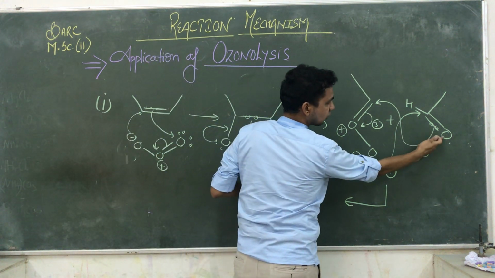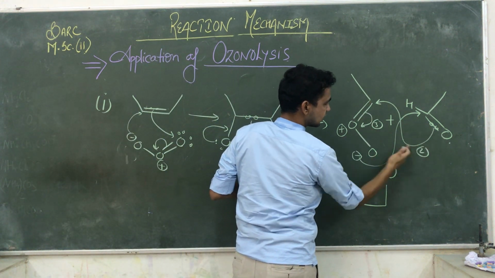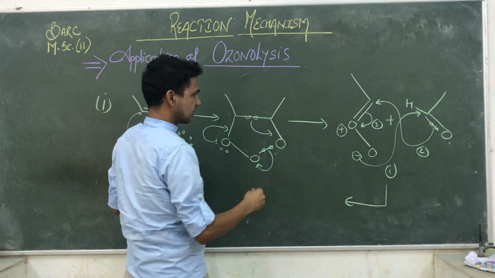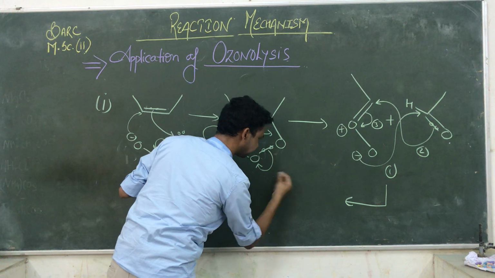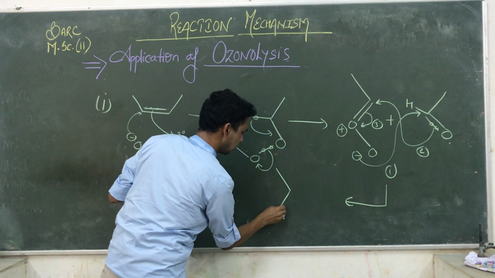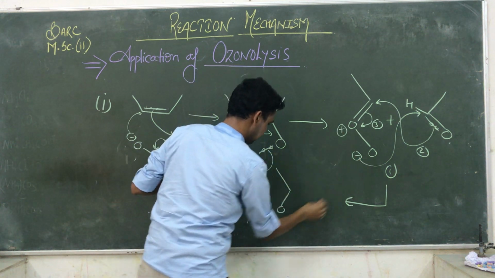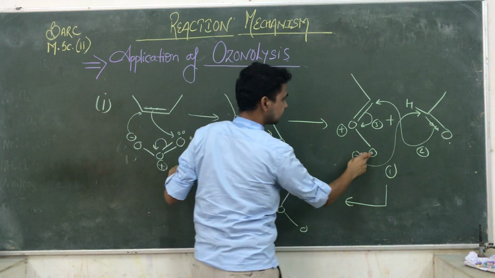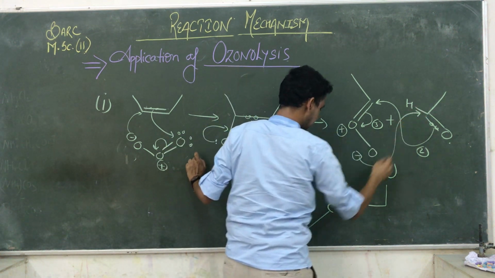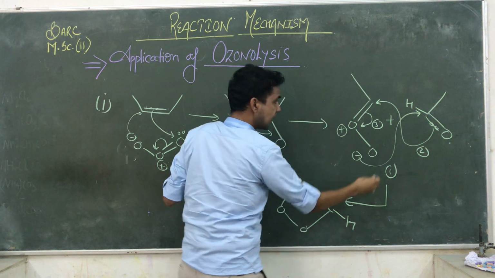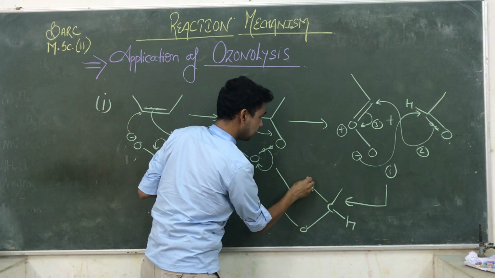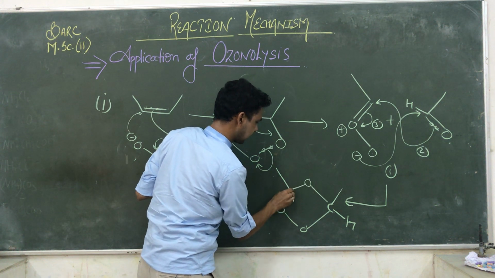See guys, this oxygen is attached here, and this oxygen is attached here, and they give you a stable compound like this one. That one is carbon, this one is oxygen, this one is oxygen, and this oxygen is attached to this carbon atom. That carbon atom already has a single bond and hydrogen, and this oxygen is attached to that carbon atom.